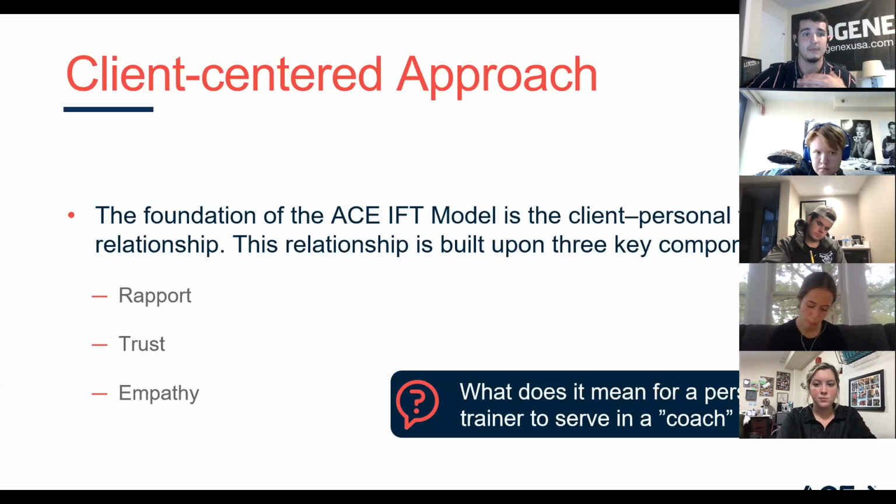And then empathy is being able to put yourself in that client's shoes and understand what they're feeling. And maybe that doesn't even mean you give them a solution, but just being there for them. If it's not a fitness sort of issue, if you're just their counselor for the day, or just somebody to talk to, you shouldn't be their counselor because that would be outside of your scope of practice, like we talked about last week. But you understand where I'm going with this.